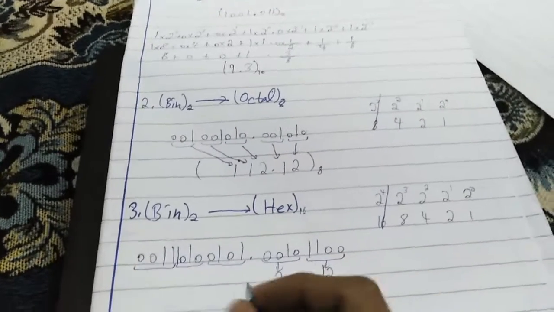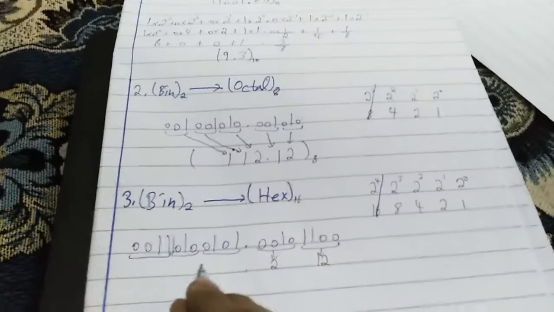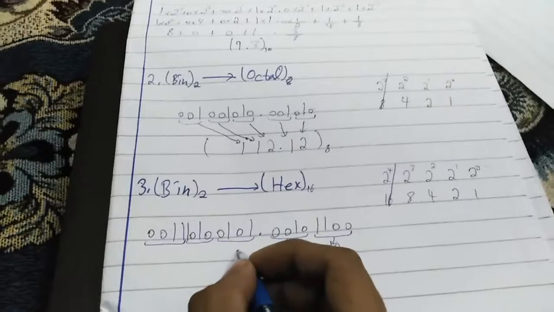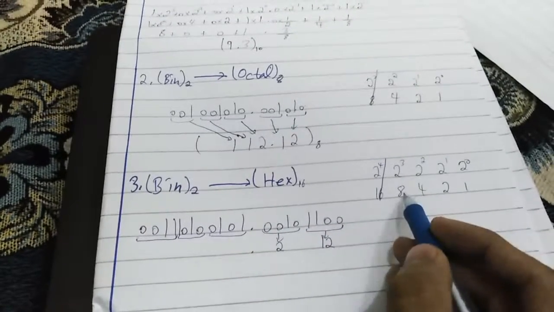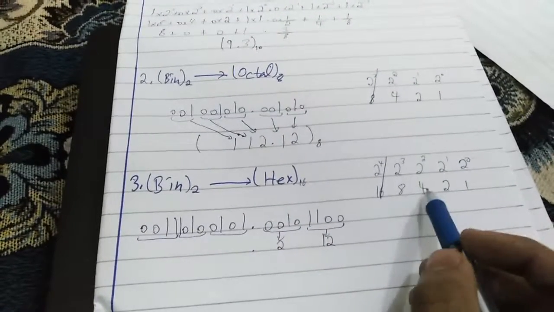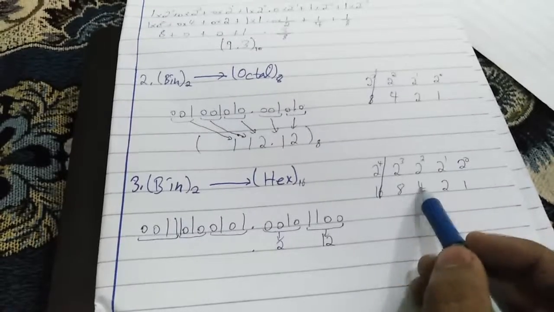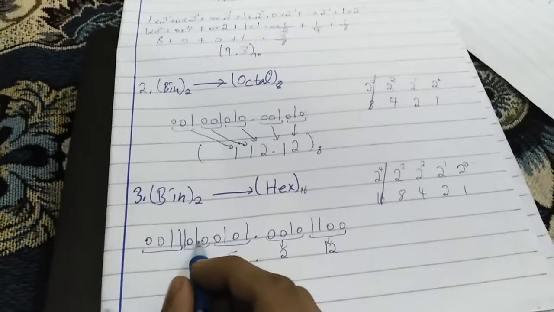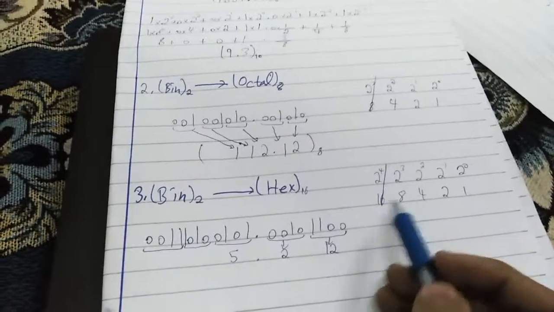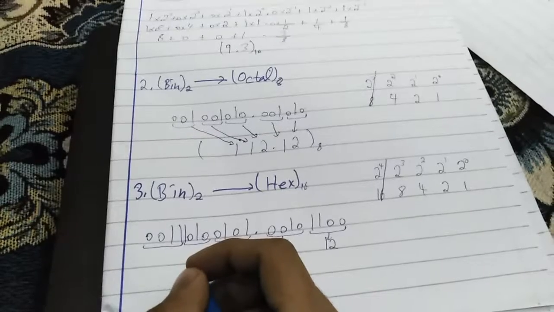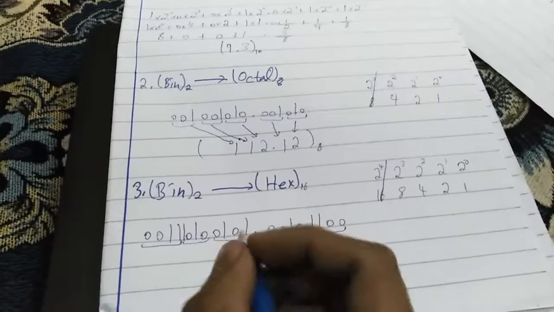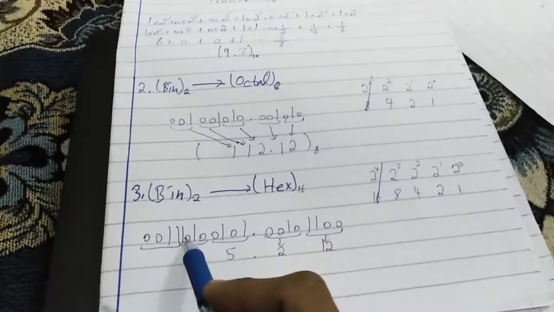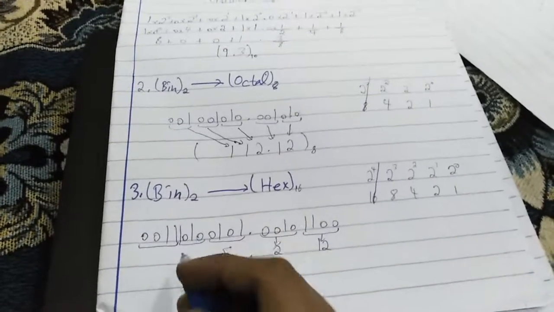So this will become 2 point, and now this will become 2 plus 1 plus 4, so this will become 5, and this group will become 2 into 8, 2 into 8, wait a second, 0 2 0 8.